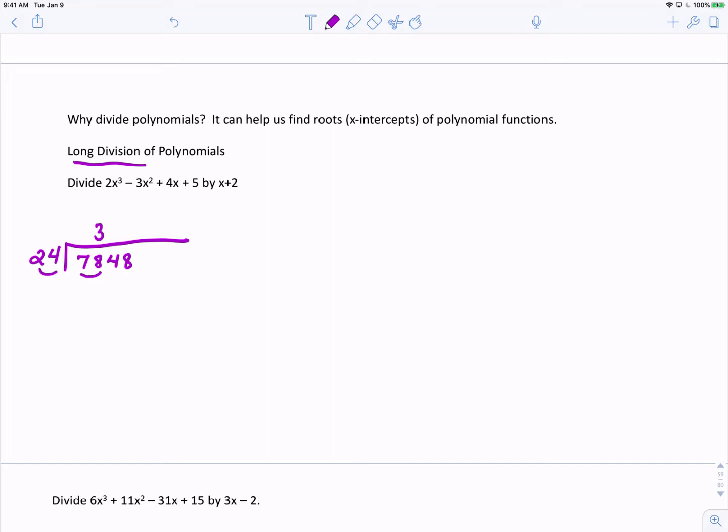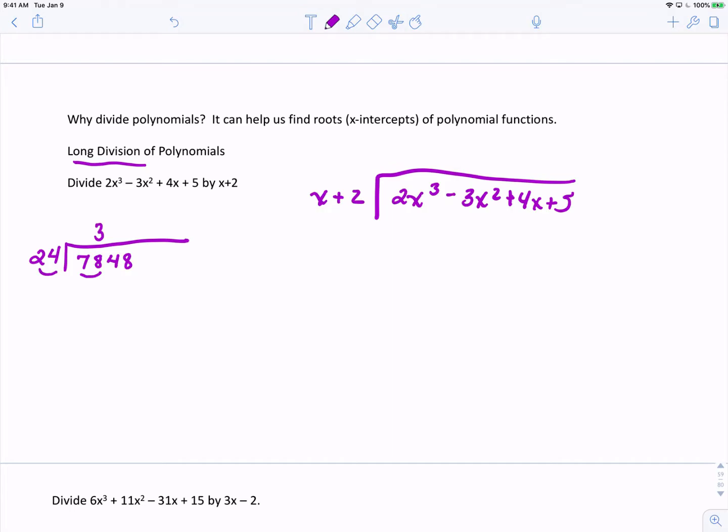Well, long division with polynomials is exactly the same. So really, you use a long division sign. So we're going to divide 2x cubed minus 3x squared plus 4x plus 5 by x plus 2.